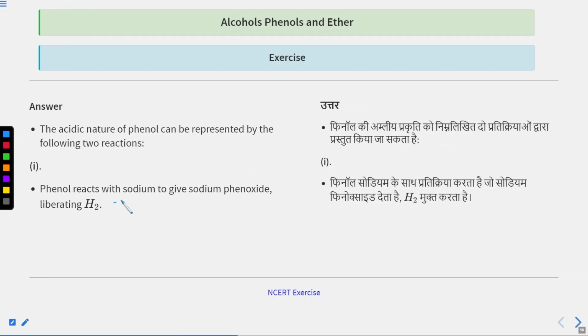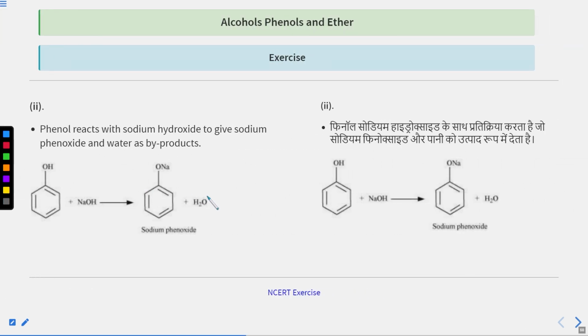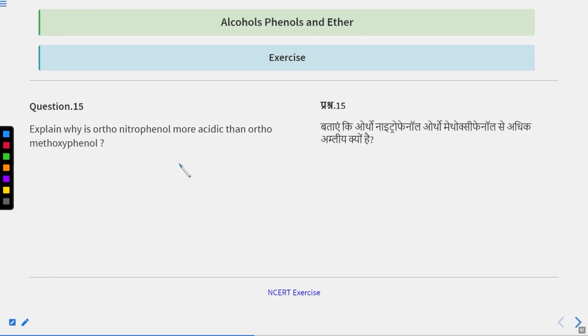See, phenol reacts with sodium to give sodium phenoxide, liberating H2. This is one of the reactions. Next reaction is phenol reacts with sodium hydroxide to give sodium phenoxide. This is the reason why the phenoxide ion is more stable, because the negative charge is being stabilized by the ring through resonance effect.